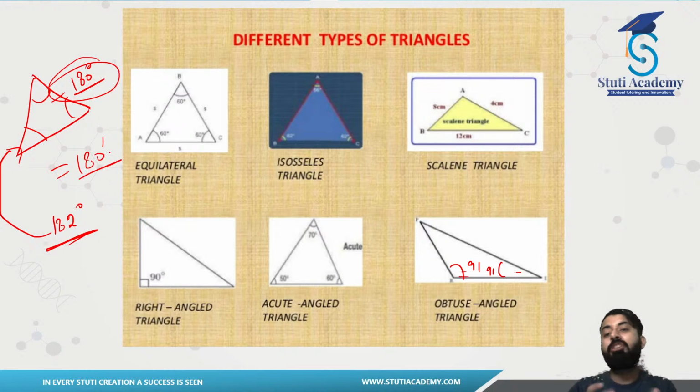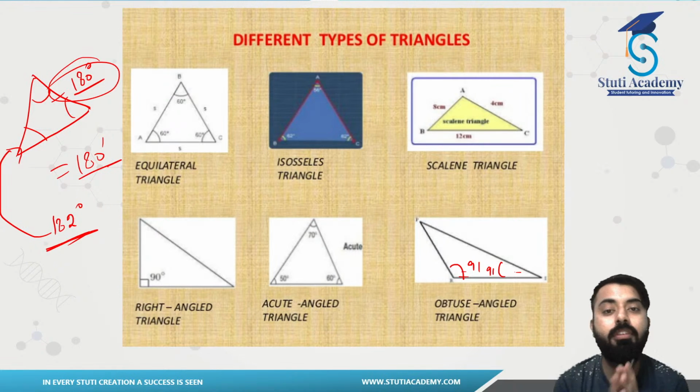Not maximum, it should be exactly 180. If it is less than 180, then the figure cannot be a triangle. If it is more than 180, then again that figure cannot be a triangle. So this is a most important thing. Remember, if you're talking about triangles, then all three angles inside the triangle will amount to 180 degrees. That is the most important thing of this portion.